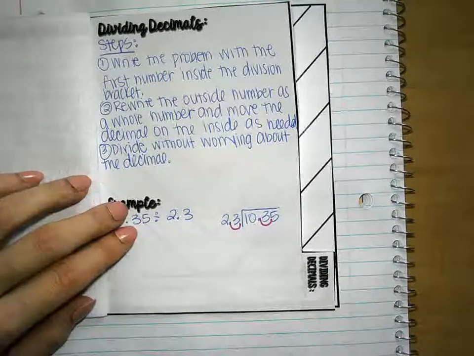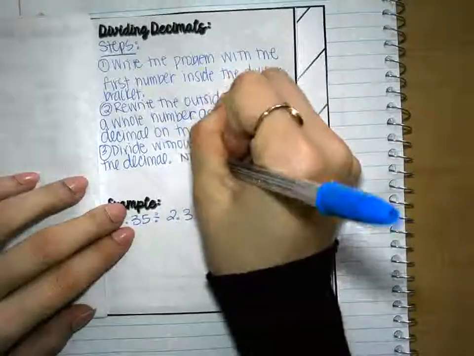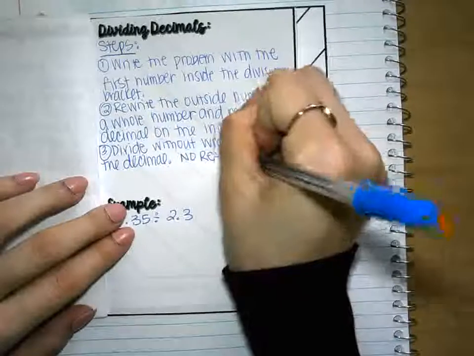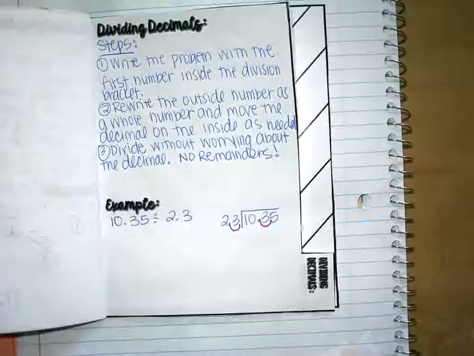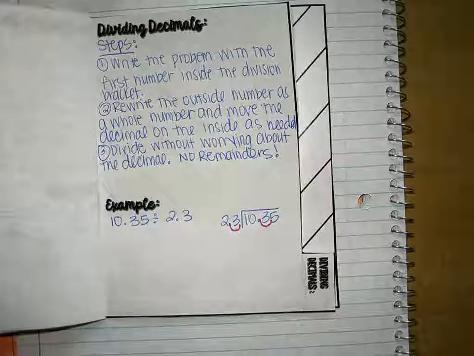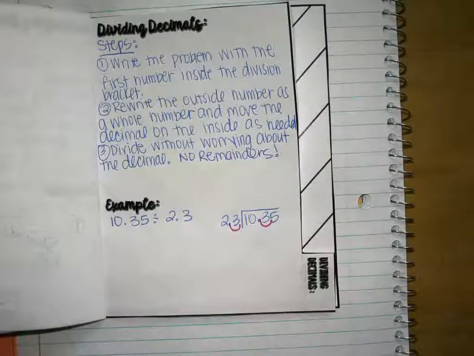Do we do remainders anymore, guys? No. So let's remind ourselves, no remainders. You keep going, okay? No remainders. Keep that decimal going. Add those zeros as necessary.